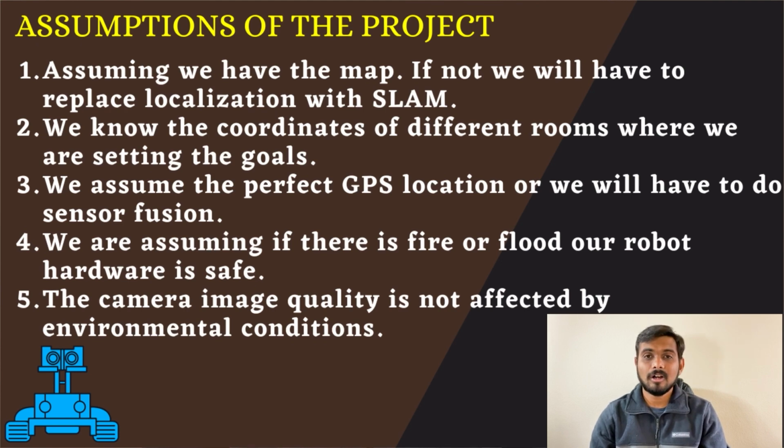And also, if there is a calamity, there is a chance that fire or water will hose up our electronics. So we are assuming that our robot is safe from those calamities. And last but not the least, the image from the camera which we get is not affected by the environment, because in a real scenario, if there is fire, your image will have a lot of intensity changes and it will be difficult for doing human detection.